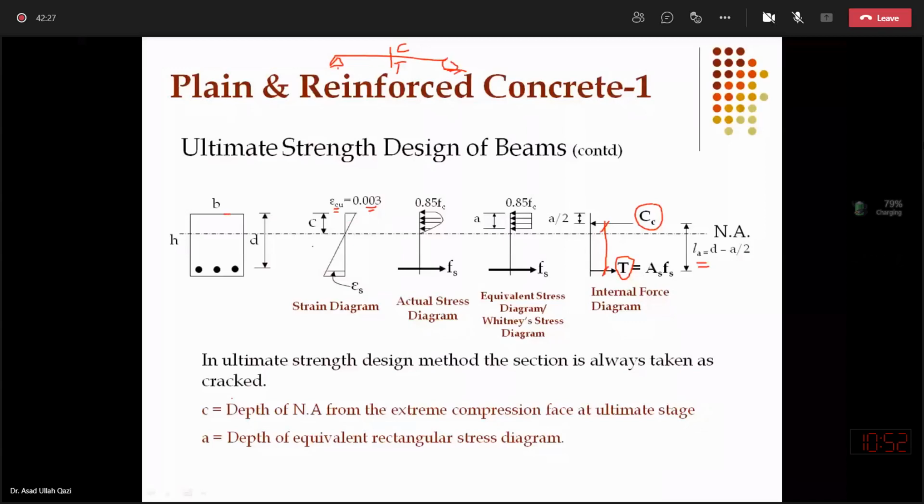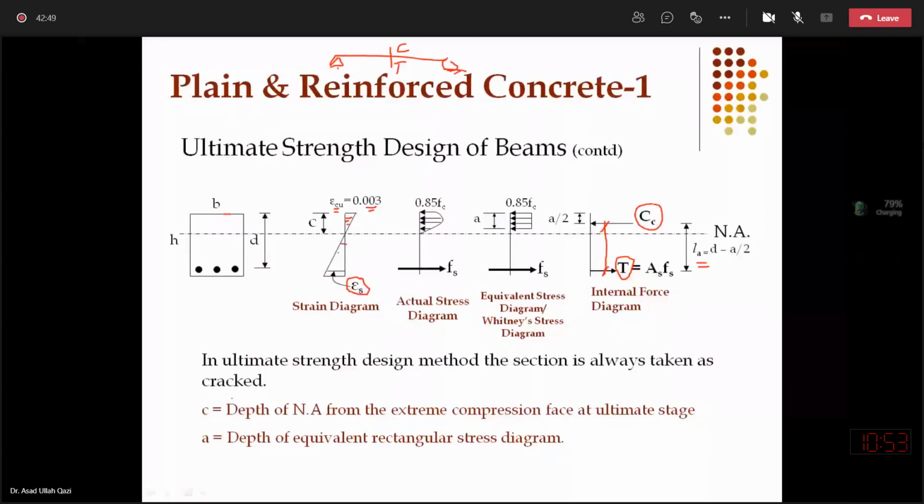Corresponding to that, what is the strain in the tension steel? This is important. Since we have mentioned that strains increase proportionately with reference to distance from the neutral axis, in each layer I can calculate the strain.